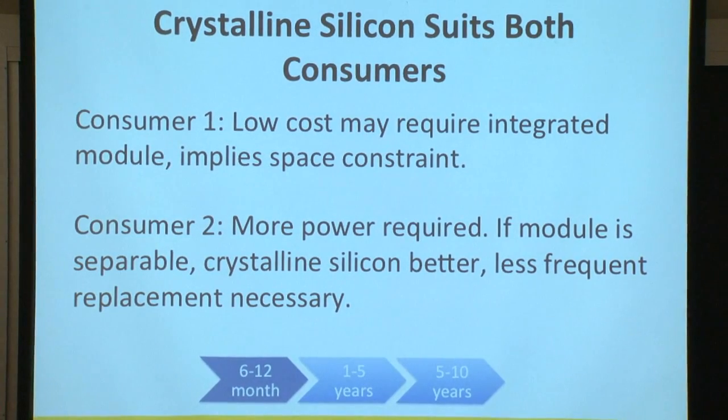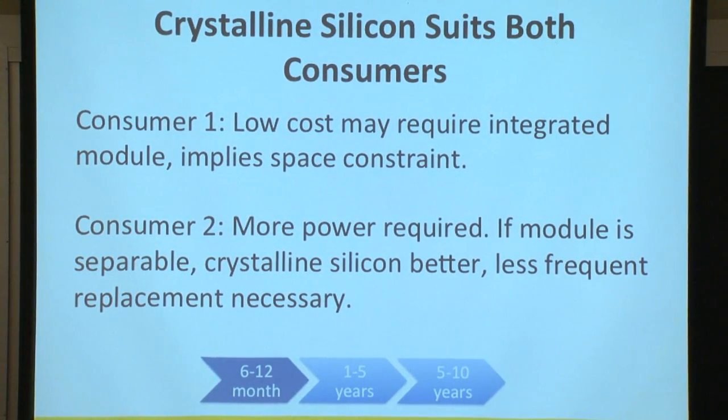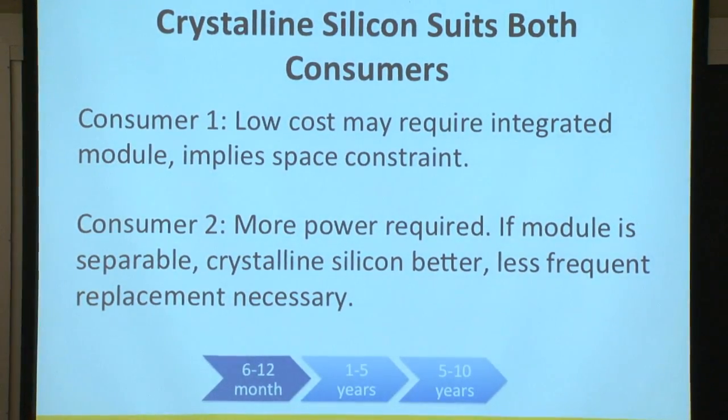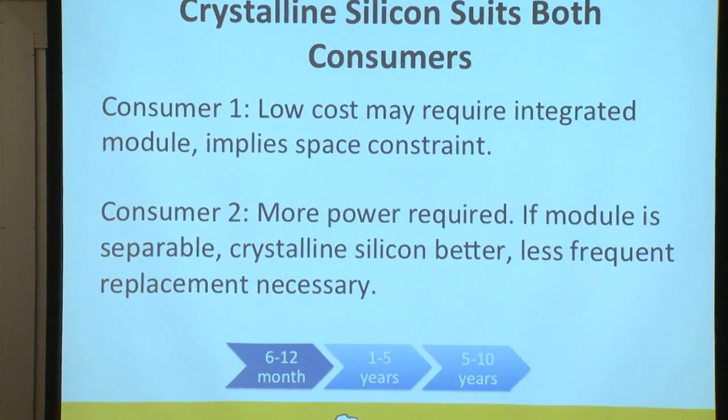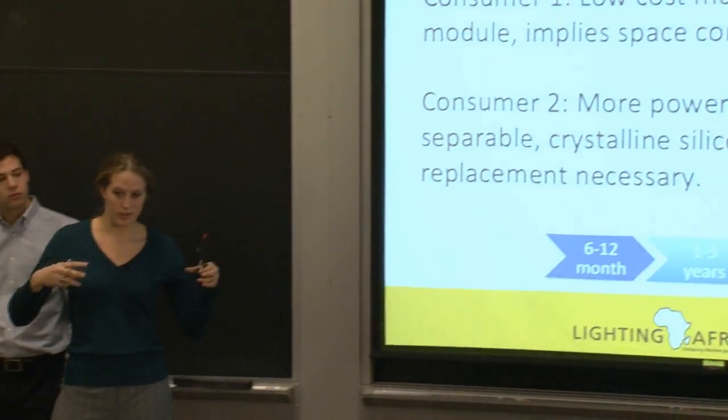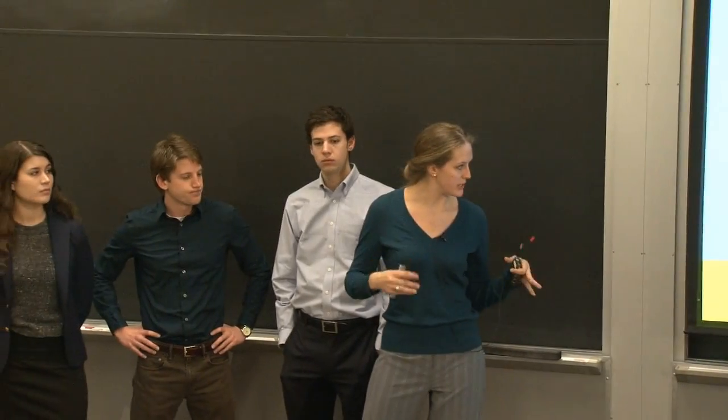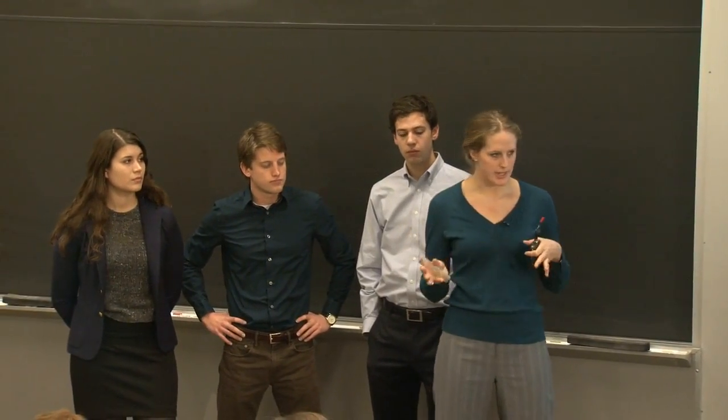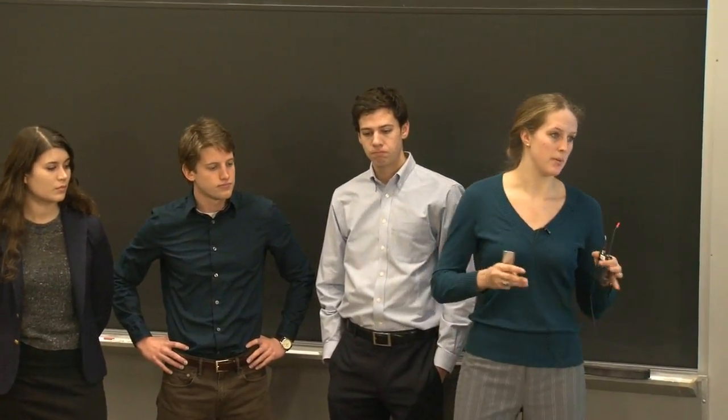And then for consumer two, who's seeking higher performance modules, you could either use amorphous silicon, remove the encapsulation materials, and have a very large area solar cell, which you could bring in and out during the day. Or you could use crystalline silicon, encapsulate it with standard glass and an aluminum frame, and this photovoltaic module could actually exceed the lifetime of the device.